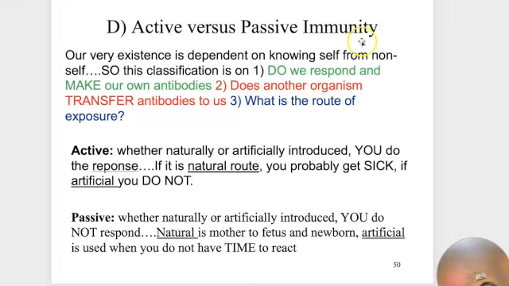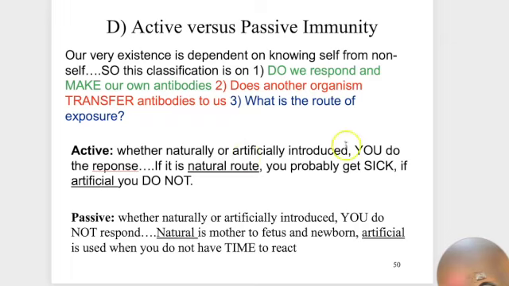Active versus passive immunity depends on knowing the self and the non-self. Do we respond and make our own antibody? Does another organism transfer antibody to us? Of course, we get some of them from our mother. Active can be natural or artificially induced. Natural is when you're exposed to something. Artificial is like a vaccine.